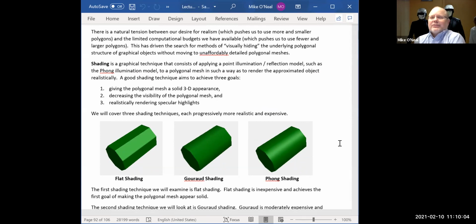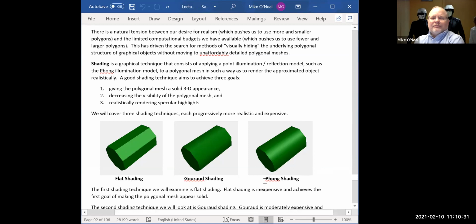Basically I took an octagon and I extruded it into 3 dimensions, rotated it around, and got a cylinder. It's not a very cylindrical cylinder. It's only got 8 sides to it, but it gives you an idea of what you can do. And you can see there are 3 shading methods we'll talk about: flat shading, Gouraud shading, and Phong shading.